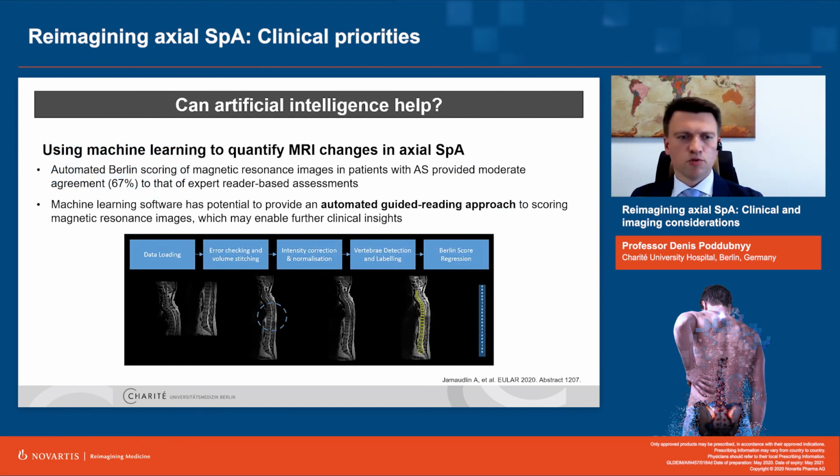This is a rapidly evolving field, and you might expect at this Congress and at forthcoming congresses many new interesting data coming from artificial intelligence. This is an example of a project we did together with colleagues from Oxford, where the machine was able to recognize active inflammatory changes in the spine with quite good agreement with an expert reader.